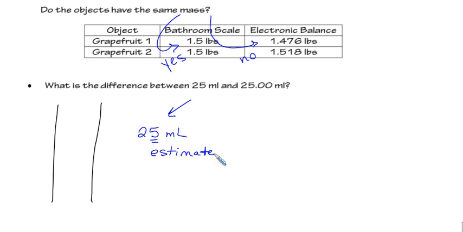So they estimated, I don't know, like 25, somewhere in there. Here's what the graduated cylinder might have looked like. 20, 30, 40, and so on. And maybe their meniscus was something like that. So they estimated, I don't know, it's like right in the middle, 25? Somebody else might say 24, 26, A+.